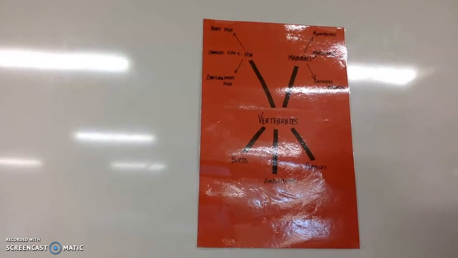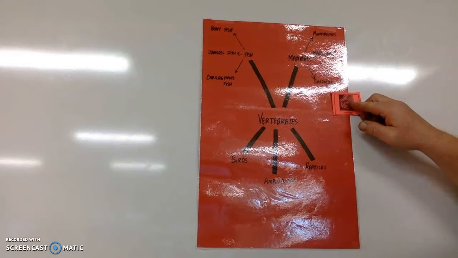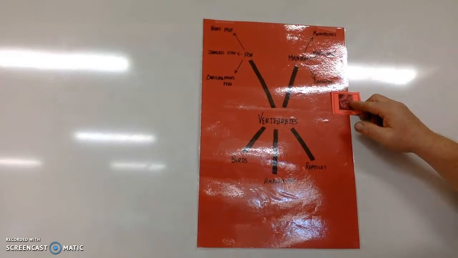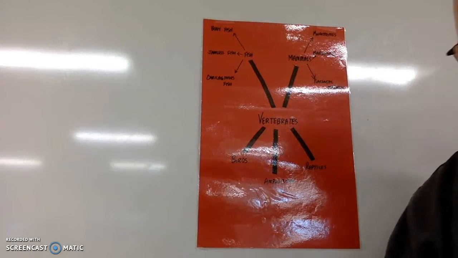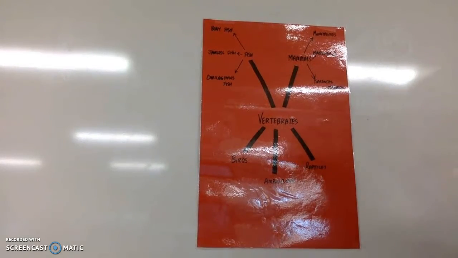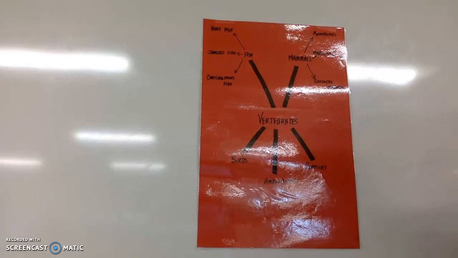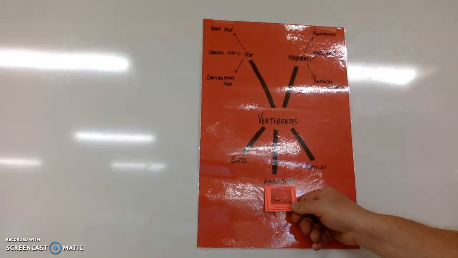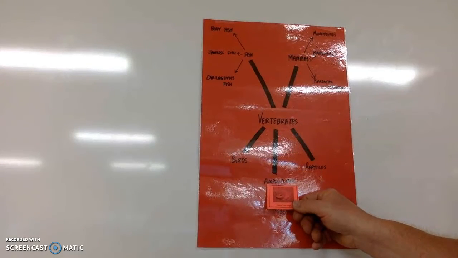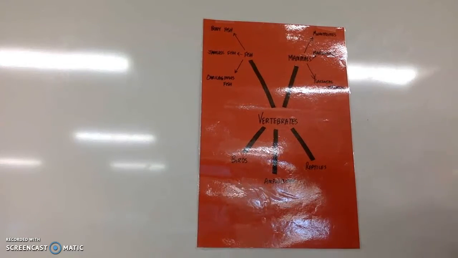An Indiana bat is a placental mammal. Those young bats stay inside the mother until they're very late developed. A red fox, placental mammal. A green tree frog, that's going to be an amphibian. They need to stay moist. The eggs have to be laid in water.